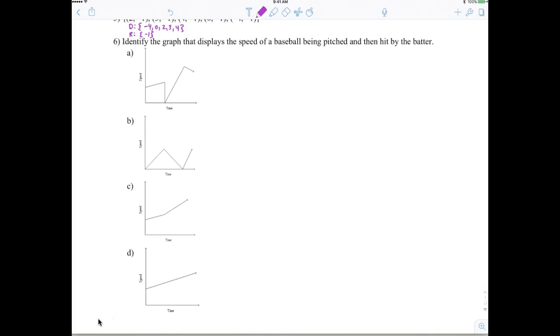Right? So as soon as you pitch it, since it starts out with no velocity, there's a good choice. Let's look at this. So when you throw the baseball, initial velocity, in my opinion, would be 0, right?